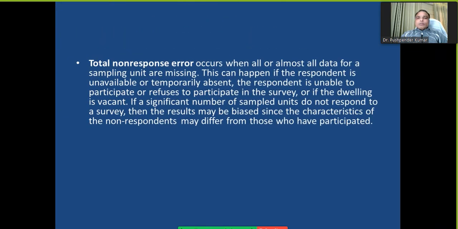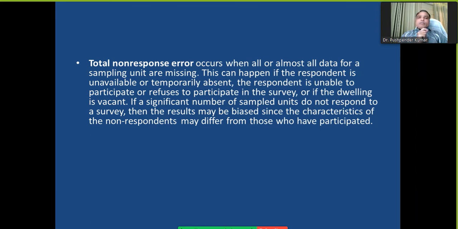The total non-response error occurs when all or almost all data for a sampling unit are missing. Sometimes you get a totally blank questionnaire back. So this is what total non-response is.